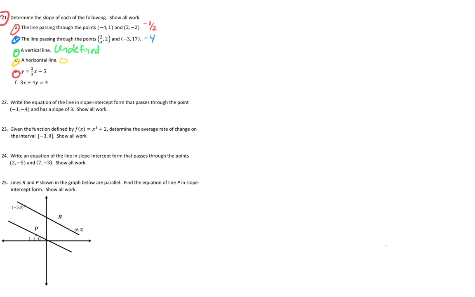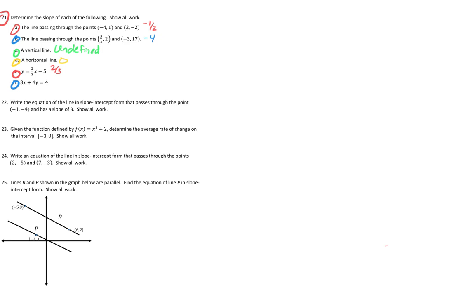With part E, y equals 2/3 x minus 5. By inspection, we can see that this is in its slope-intercept form, where m is the slope of the line. So here, m equals 2/3.